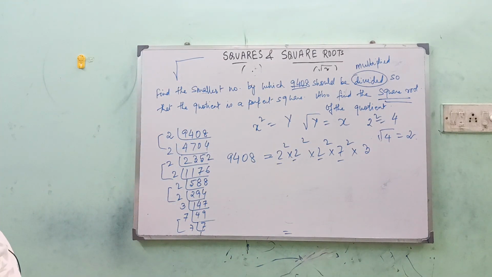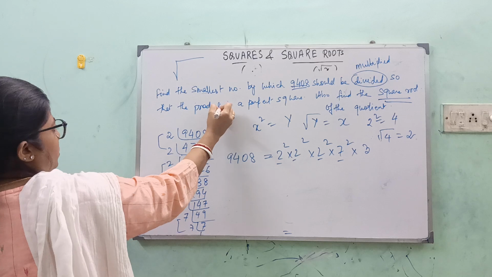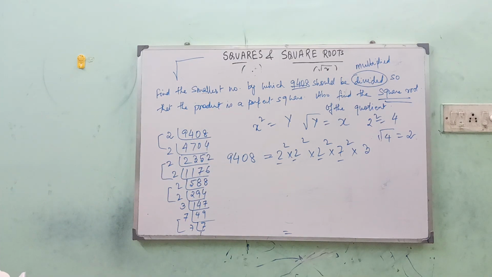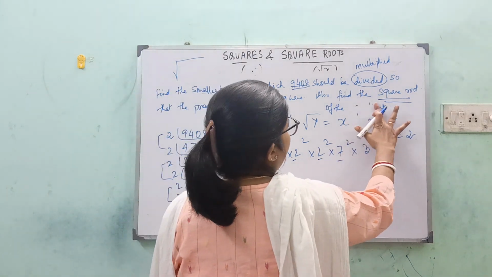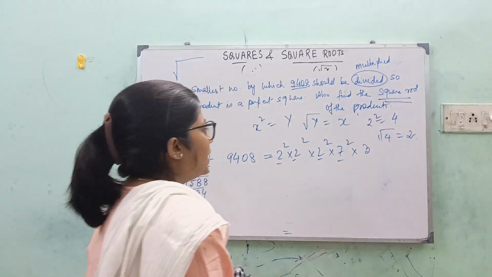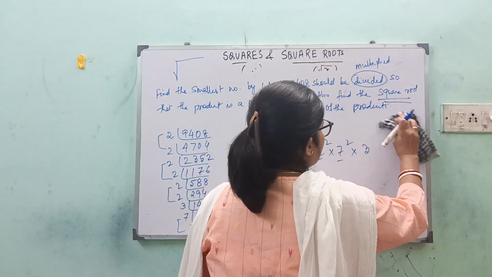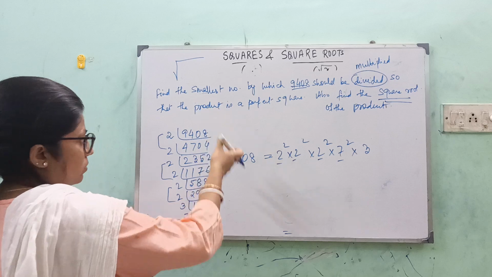So by what number should you multiply so that the product, instead of the quotient, is a perfect square? Also find the square root of the product. If I change the question to this format, you see how the solution changes simultaneously.